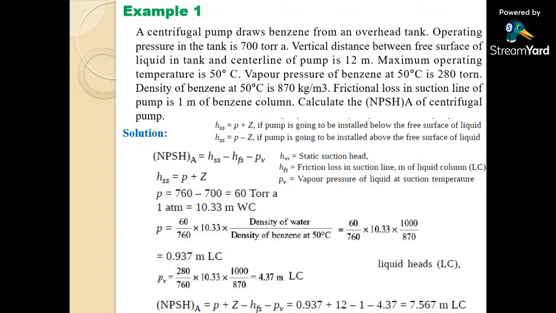So 1 atmosphere is equal to 760 torr, or it is equal to 760 mm Hg, or 101.325 kilopascal, or 14.7 psi, or 1.013 bar, or 1.01 kg per square centimeter.